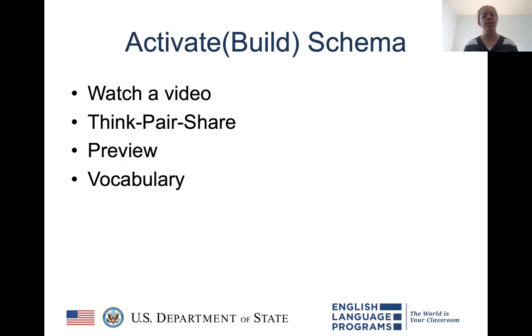And so by helping students either activate or build background knowledge, we increase their understanding. Some ways we might do this include watching a video, doing a think, pair, share activity, previewing, or going over vocabulary from the passage.